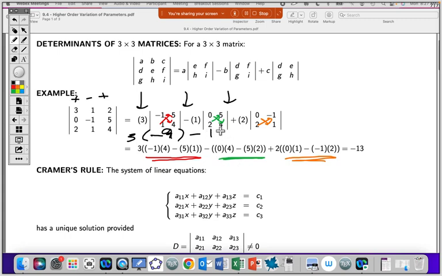Minus 1 times a minus 10, plus 2 times a positive 2. So you get a negative 27, plus 10, plus 4. There's your negative 13. Is the 3 by 3 matrices coming back to you? How to do those determinants?